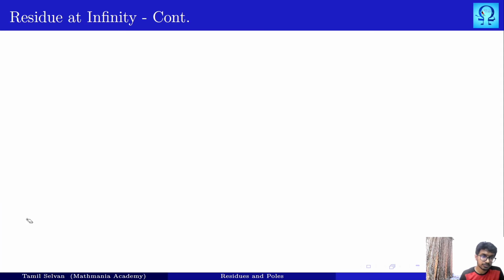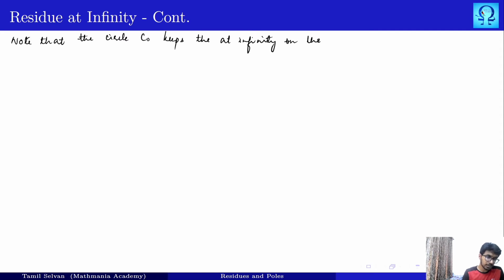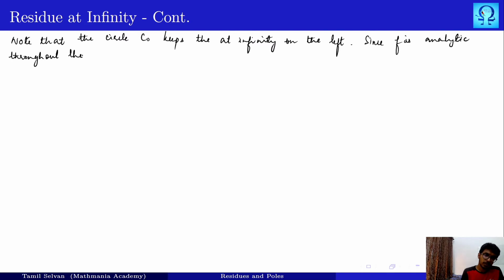Now note that the circle C naught keeps the point at infinity on the left, since f is analytic throughout the closed region bounded by C and C naught.